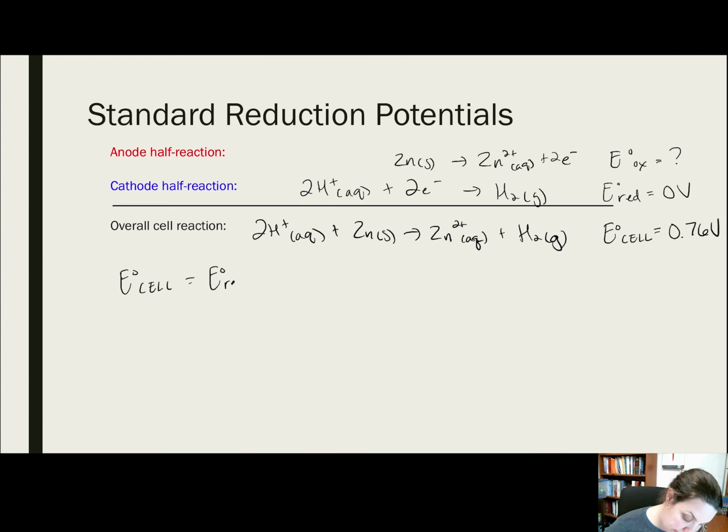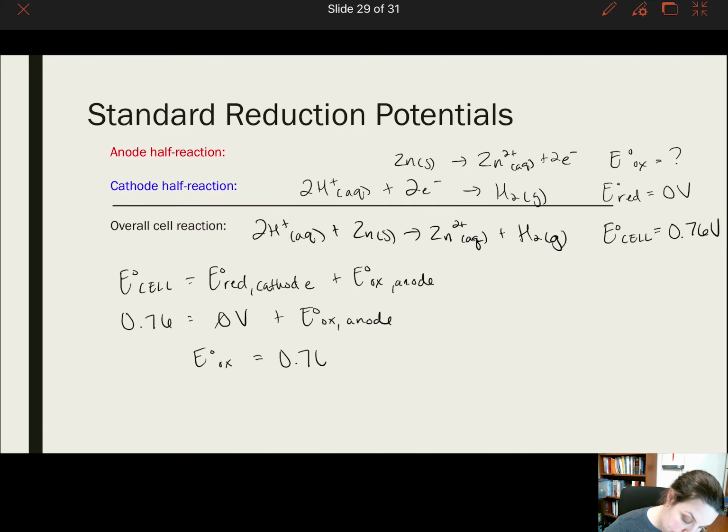So it's 0.76 is equal to 0 volts plus our oxidation at our anode. So our oxidation potential for our zinc is equal to 0.76 volts, which means that our reduction potential for zinc is equal to negative 0.76 volts.